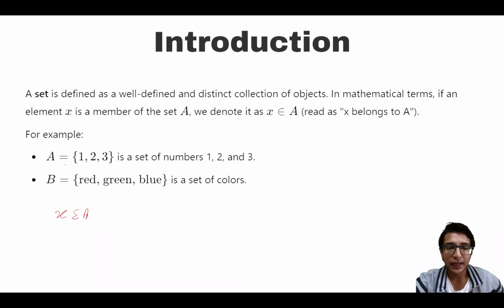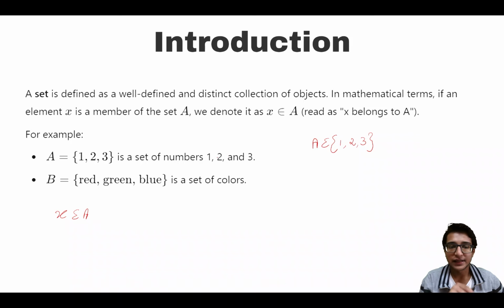Now, for example, A is a set. Generally, sets are represented by elements inside the set and they are enclosed in curly brackets. So let's say this is my set A, which contains 1, 2 and 3. So this is my A set. So I represent it by denoting the elements inside curly brackets.